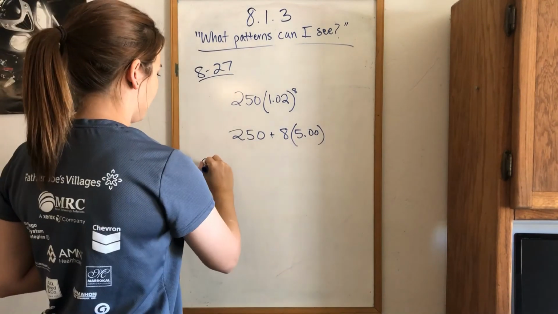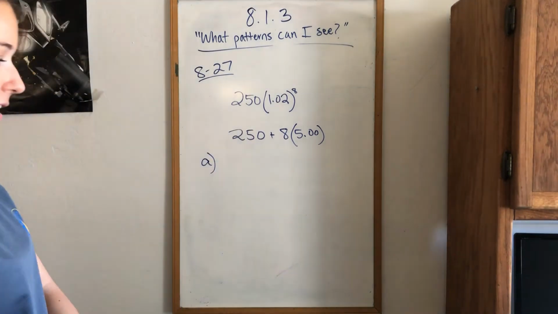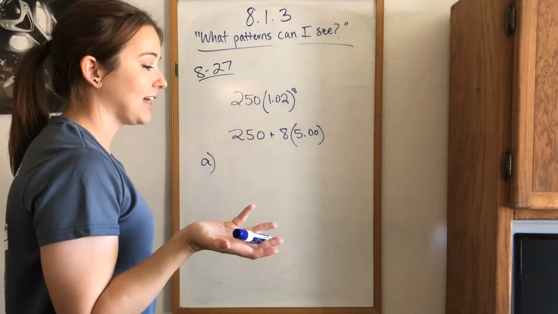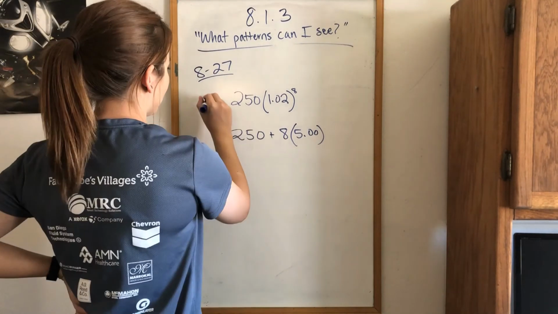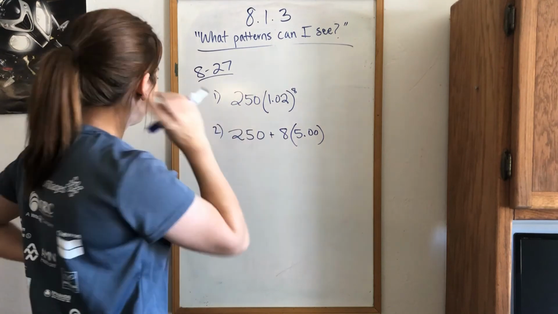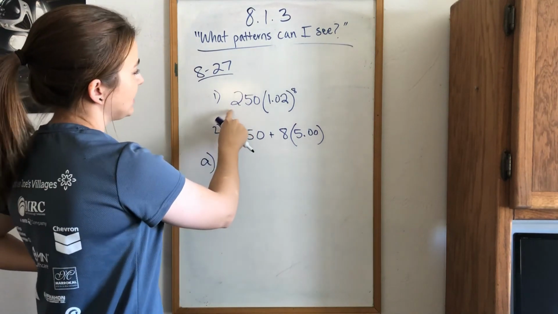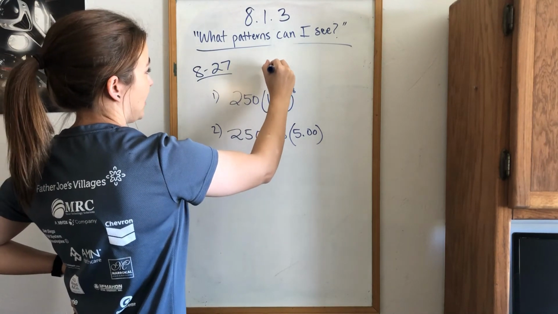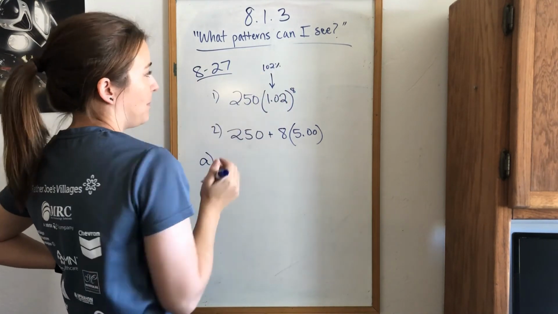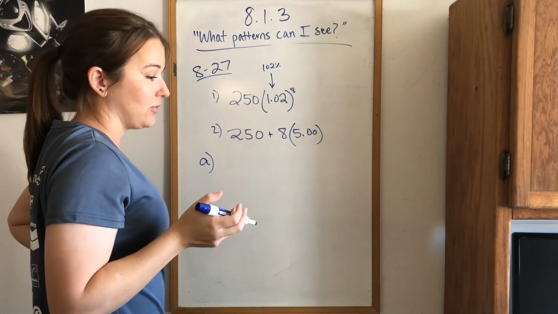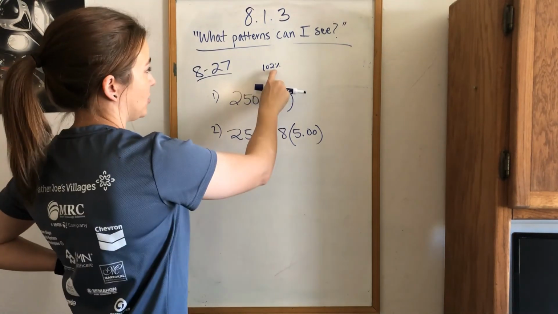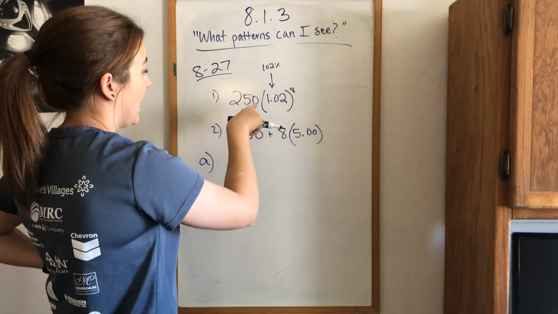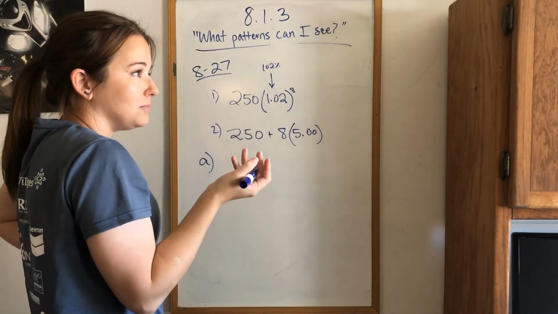So now it says, per part A, what percent interest will he be charged? Where can you see that percent in each expression? So here's expression 1, here's expression 2. Expression 1 is pretty easy. I can see that that's the rate, 102%. But I'm trying to figure out the interest rate. This is like the total percentage of the 250 that he will be owing.